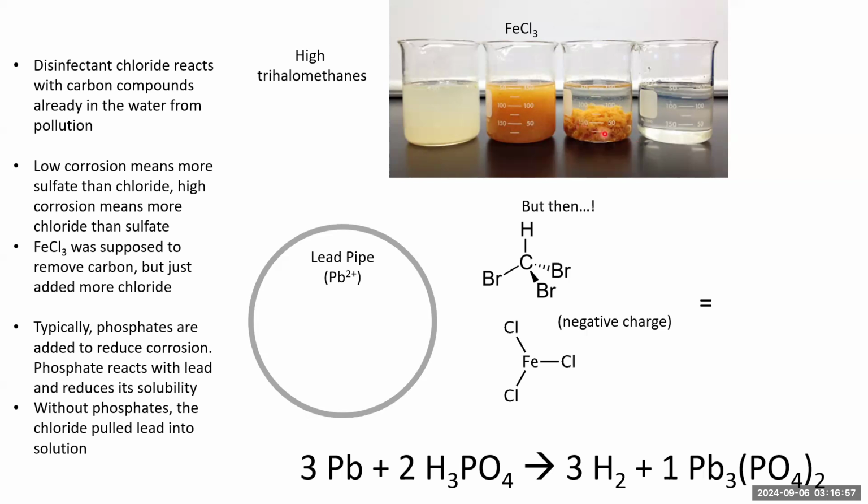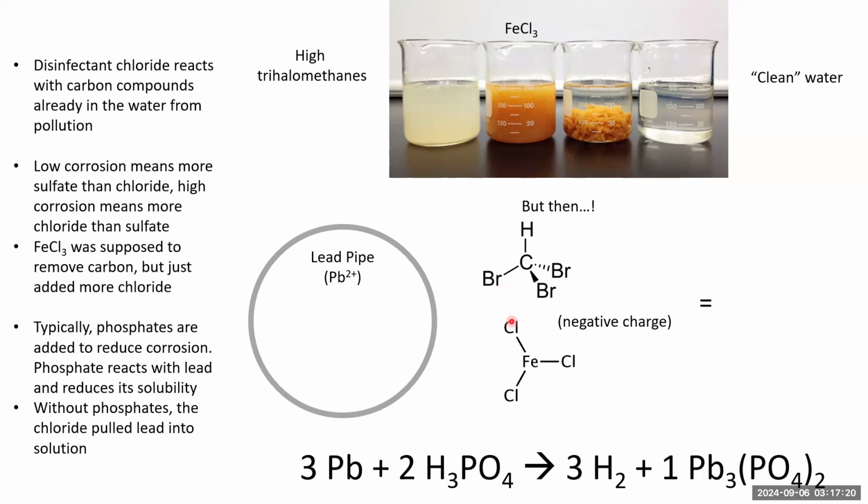Yeah, so like you're spraying the snow on the Christmas tree and it gets all puffy. So the iron trichloride reacts with the trihalomethanes, forms this flock, it settles out, and then you filter out the flock and you've got nice clean water. So that's the cheap way of dealing with those trihalomethanes, which is what the city of Flint did. They used this iron chloride to try and clean out the trihalomethanes.